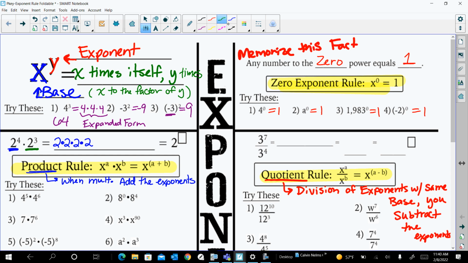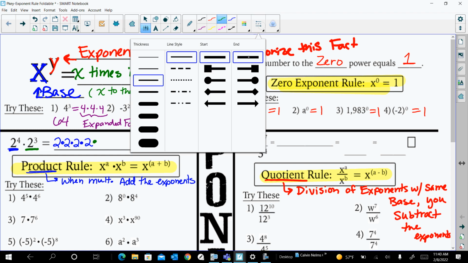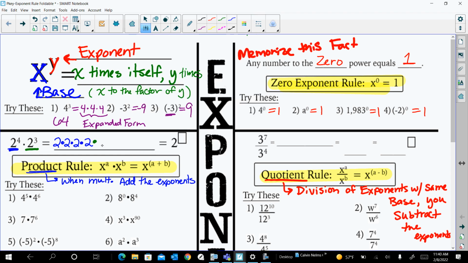Well, then I'm going to multiply that to 2 to the 3rd power. So that means I have 3 factors of 2. Well, when I look all together, I have a total of 7 2's here. So this final answer would have been 2 to the 7th power. Because you see 7 factors of 2.